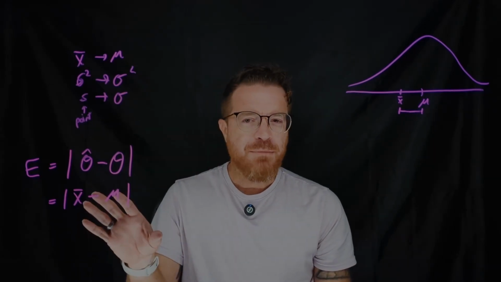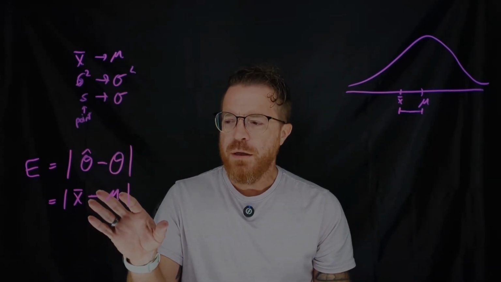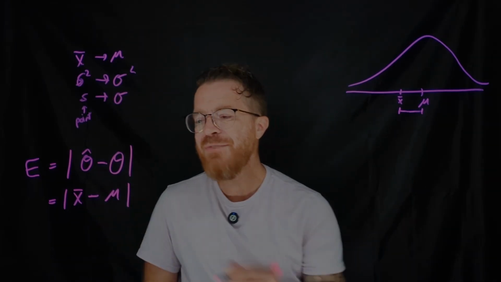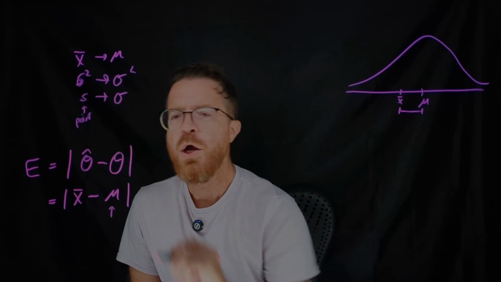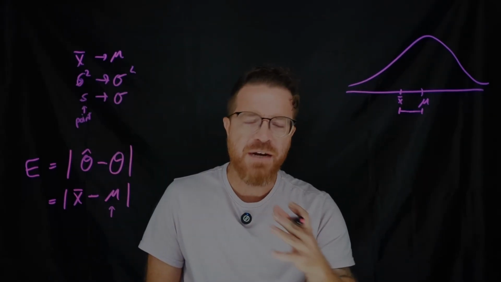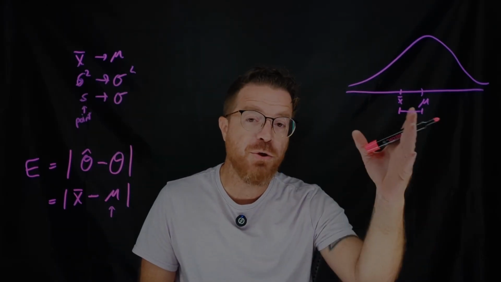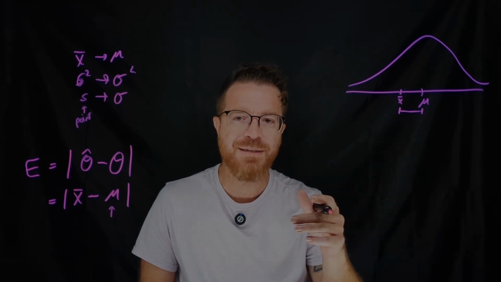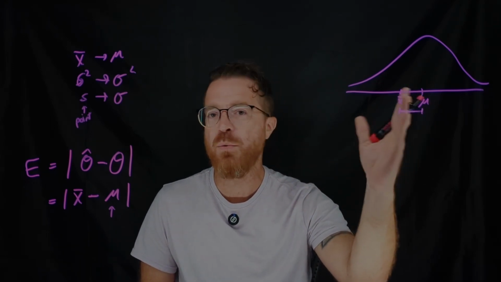Now, this may raise some questions. You might be thinking, well, how do I know what mu is? That's actually a really good question, because if I already knew what mu was, why would I be taking a sample? If I have population data, so I know the true mean, there's very little reason for me to ever take a sample to get a point estimate to then try to estimate that true mean.